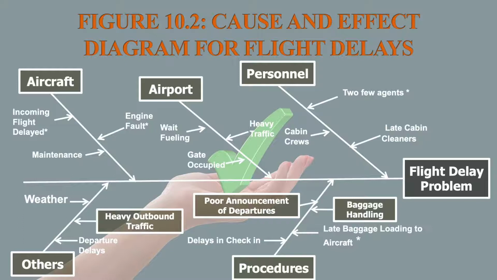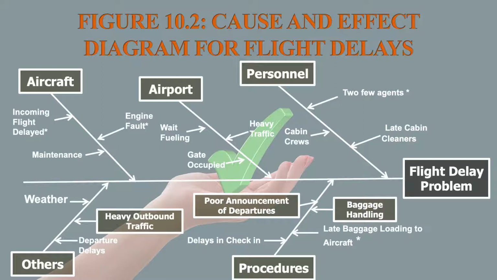So this is figure 10.2, the cause and effect diagram for flight delays. In the flight delays there are various problems, various causes you can identify. It may be due to the personnel working in the airport or the airport itself, then aircraft, then ticketing procedures or other procedures.